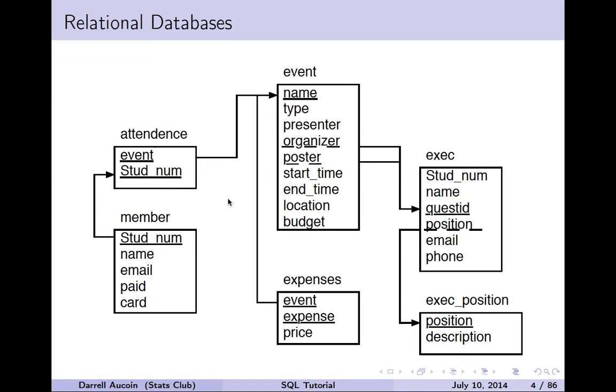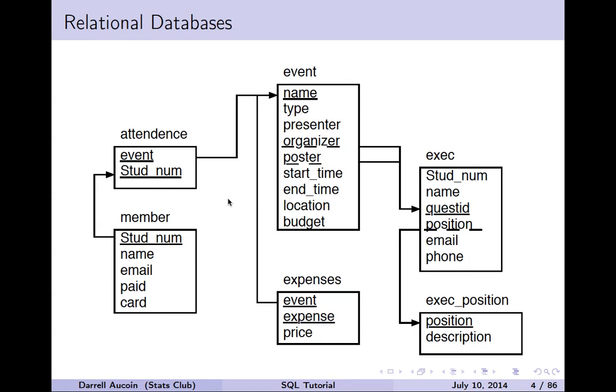Here's the organizer, me again too. The poster was Abby, and then start time, end time, location, budget. Each event has an expense related to it. Each organizer is basically a member of the exec, which has positions, and positions have descriptions.